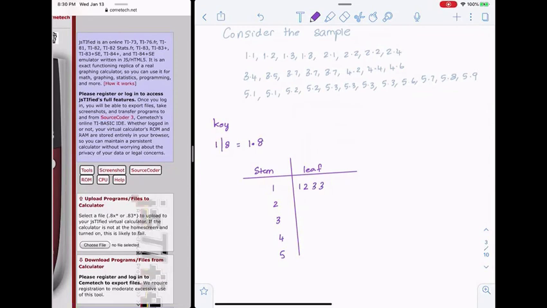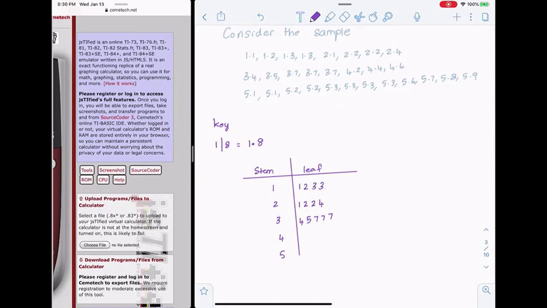Now I go to the 2s. I have 2.1, 2.2, 2.2, 2.4. And in the threes, I have 3.4, 3.5, 3.7. I have 3 of them.